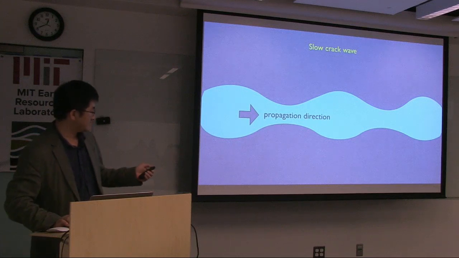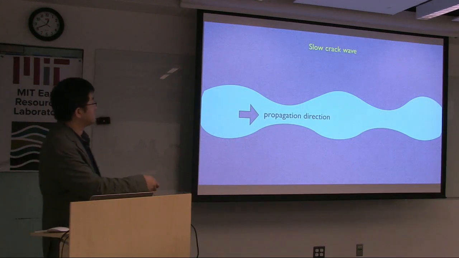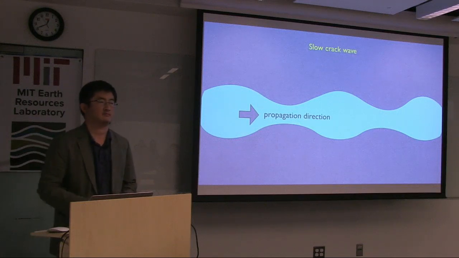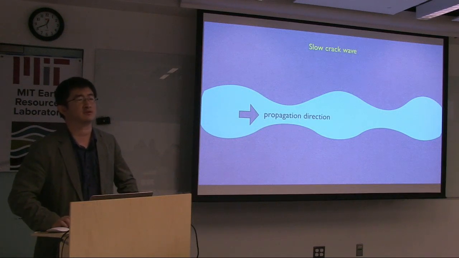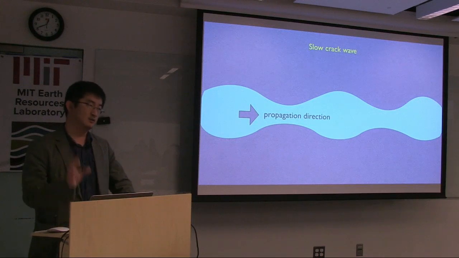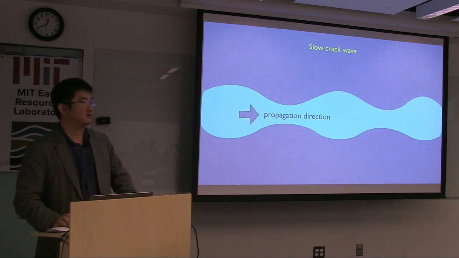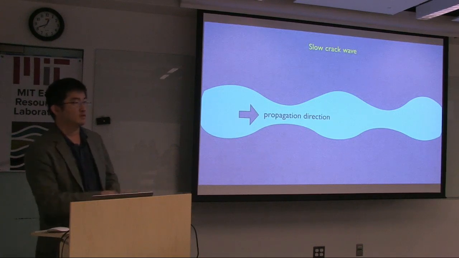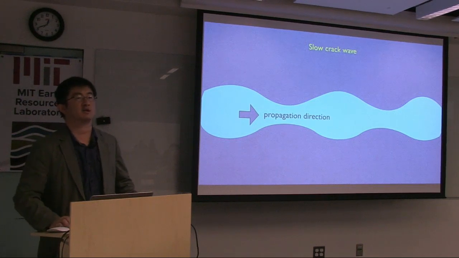But the reason it does affect this is this wave is very slow in speed. Okay, it's tens of meters per second. So that it can reduce the wavelength in the fluid field crack, which is comparable to the size of the crack.